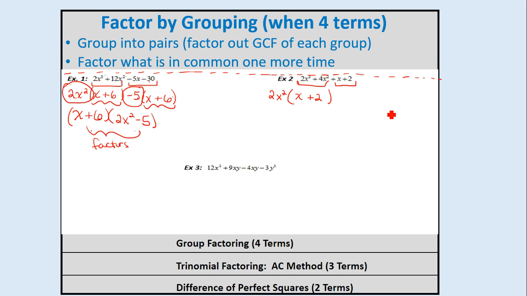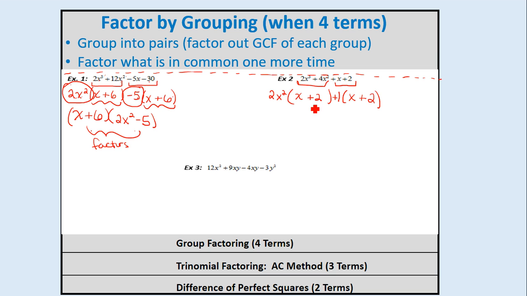What can I divide out of those two terms? Well, they both don't have x's, and they don't have numbers that I could literally divide out there. They both don't have 2's or 4's, but you can always divide by the number 1. So I'm going to pop a 1 out in front here, a positive 1. Now if I divide both of these by positive 1, they are not going to change. It's still x plus 2.